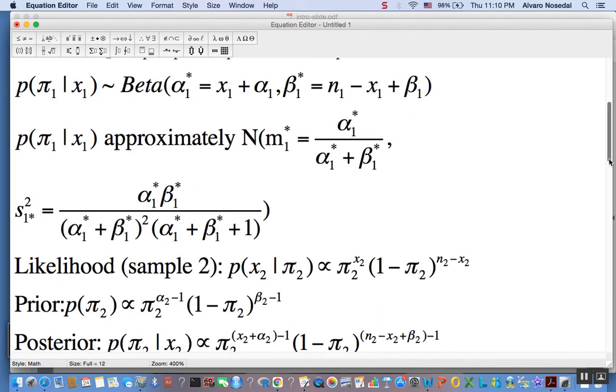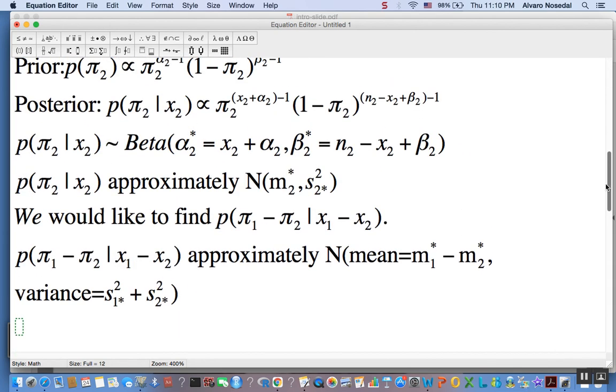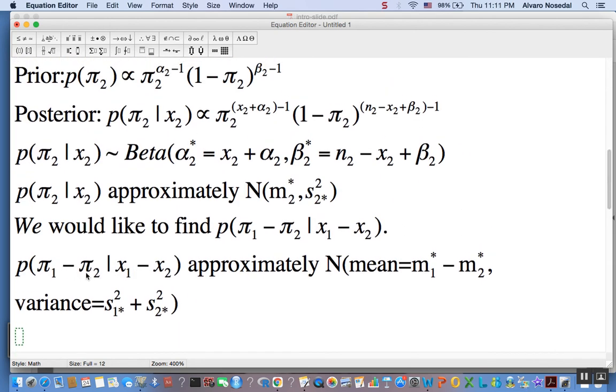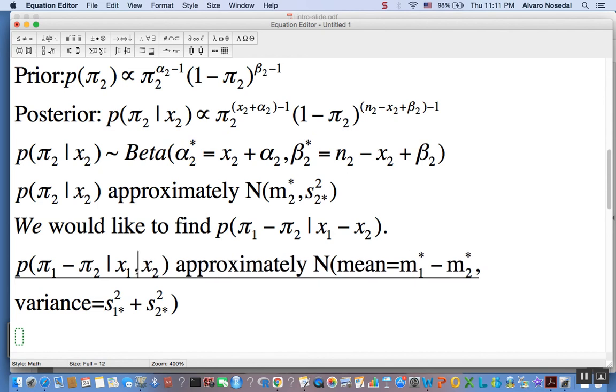We would like to find the posterior distribution of pi 1 minus pi 2 given the data. Oh, and this should be just given these two samples, not the difference. So given these two samples, we wanted to say something about the posterior distribution. Since linear combinations of normals are normal, it's a good idea to do that approximation.